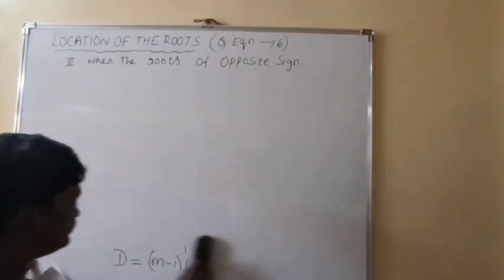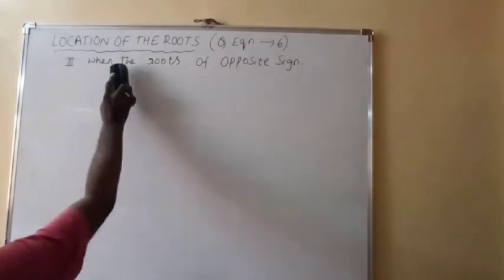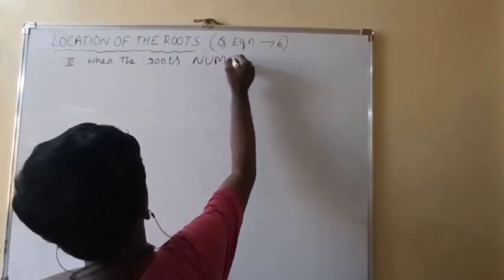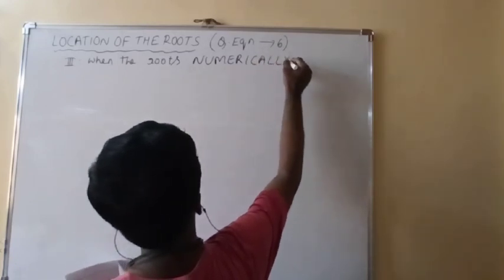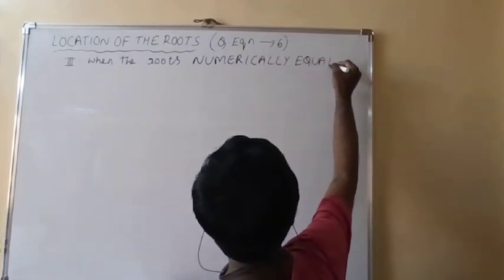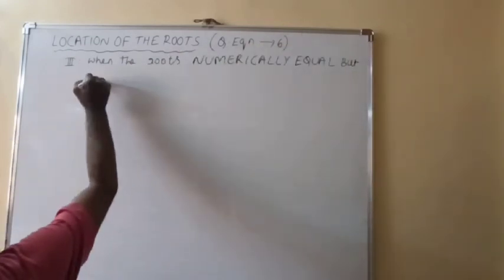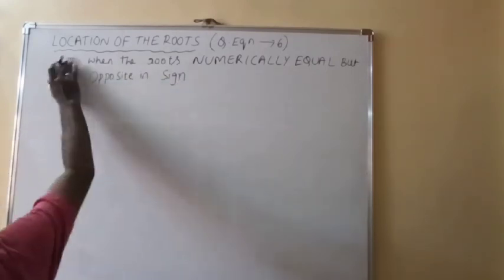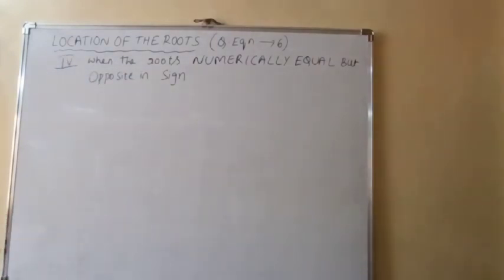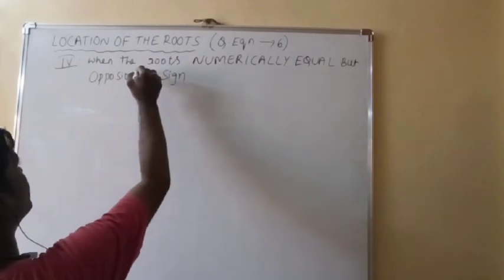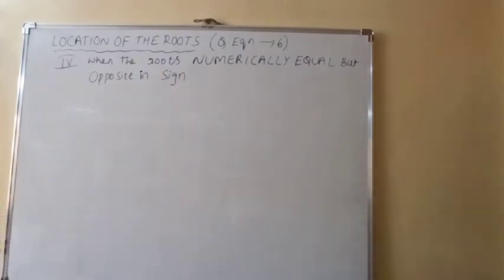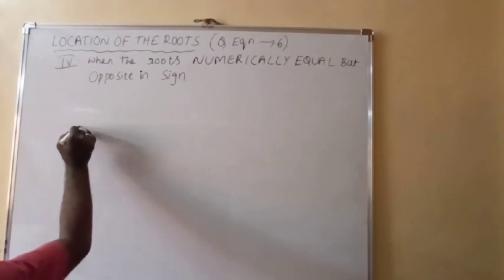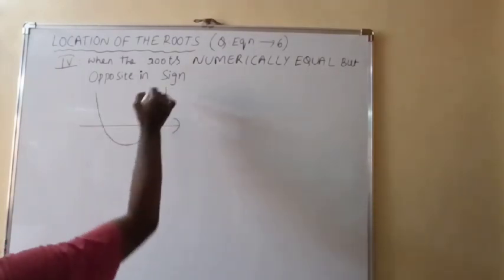When the roots are numerically equal but opposite in sign, like 2 and minus 2, 3 and minus 3, alpha and minus alpha, then in this case you will get two possible graphs.